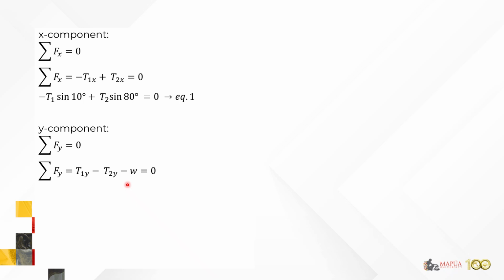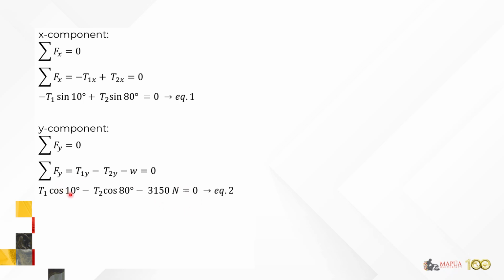Remember T sub 2 and weight both are pointed downwards, so that's why they are negative. T sub 1 is upwards. And then to determine the equation, T sub 1 times cosine 10 degrees minus T sub 2 cosine 80 degrees minus 3,150 newtons must be equal to 0.